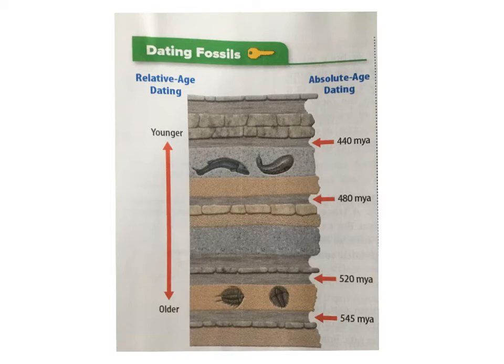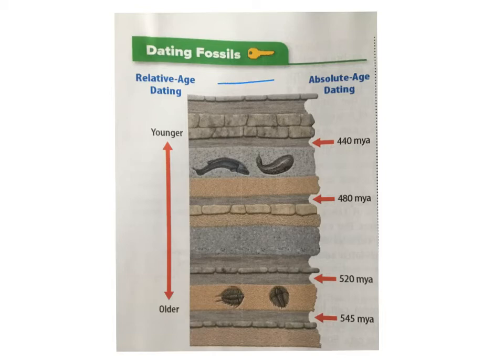Relative dating is simply saying, well, based on how close we found it to the surface, it's either young or old. They don't use specific time frames. They just use very general terms: younger, older, somewhat older.